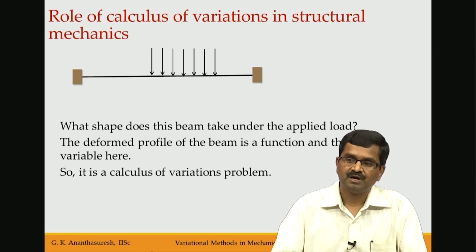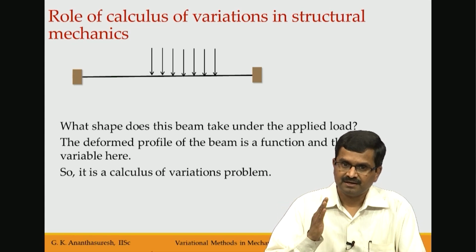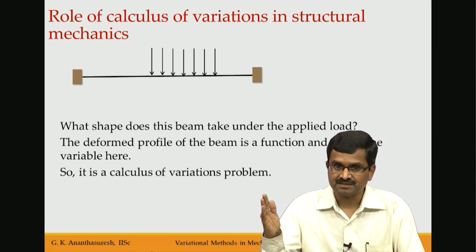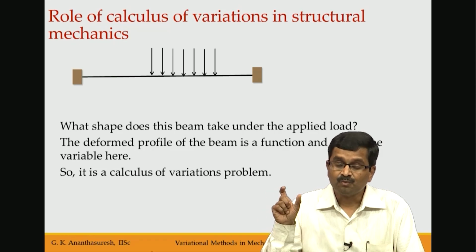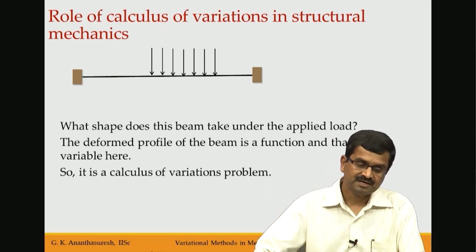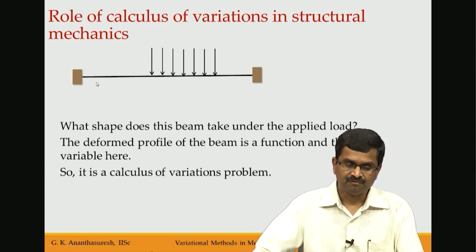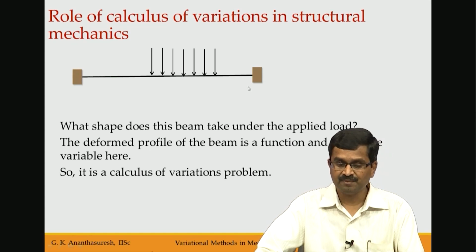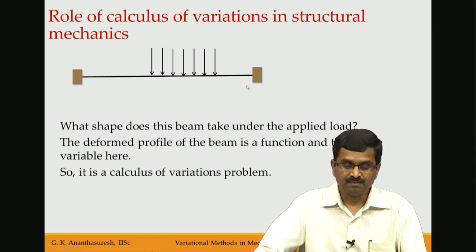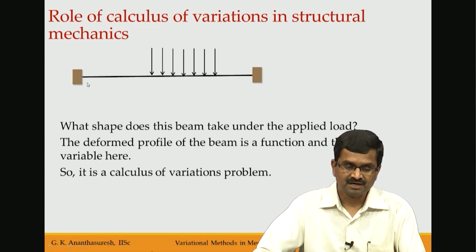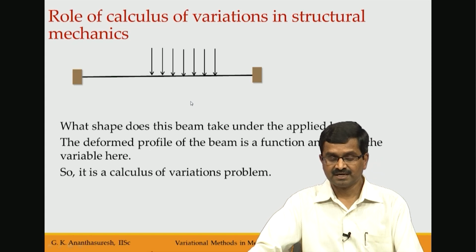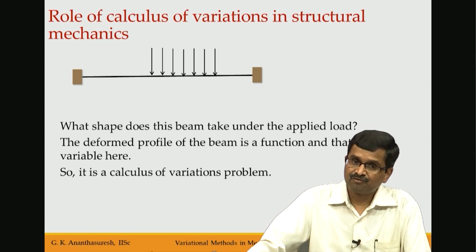Just like we saw a spring with a mass, it displaces by a quantity which minimizes the potential energy. Similarly, this beam will deform to a particular shape which minimizes the potential energy. So, it is a calculus of variations problem, because the deformation of the beam, if we call it w(x), that is an unknown function. Whenever a function is unknown, it is a calculus of variations problem.